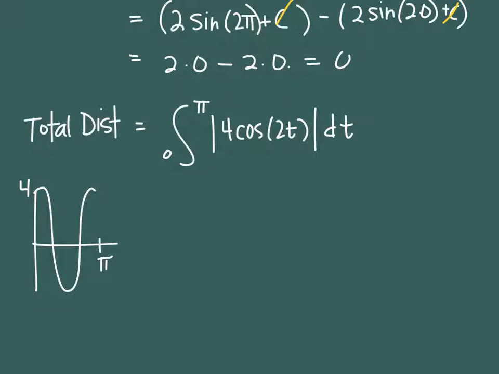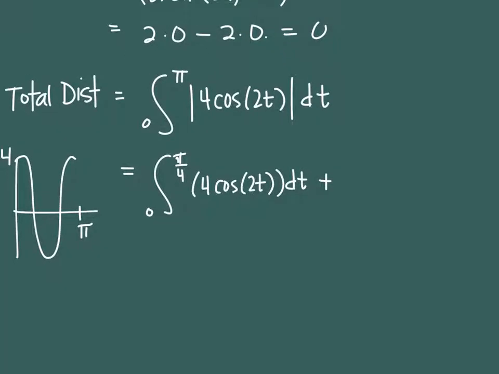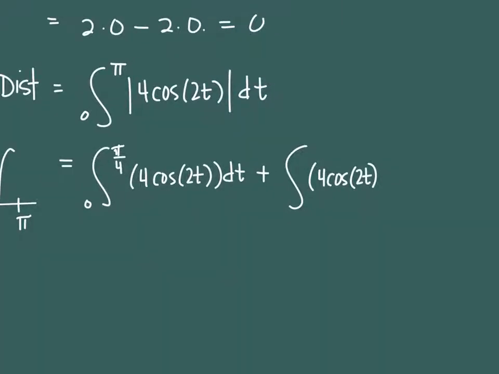So one way for you to take off the absolute value is, I'm going to go from 0 to pi fourths, and I can use the positive, taking off the absolute value. The negative section, I take the absolute value off again and switch my bounds because they're negative.